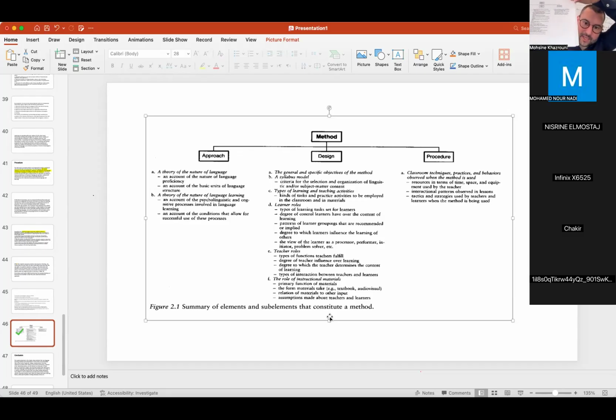You will find this diagram which summarizes what we have seen today regarding a method, an approach, design, and procedure. Maybe you can highlight on this. If you have any question from the chapter, please let me know.